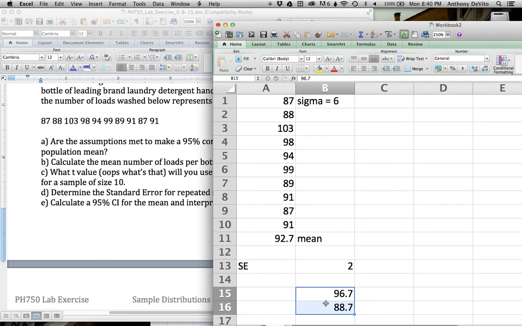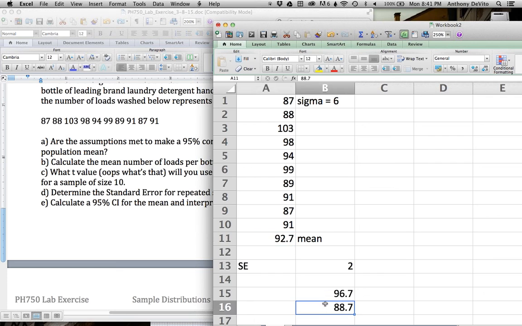We're going to use this to say that although the mean of this particular sample was 92.7, the variability in the population and the sample size suggest that we're 95% sure that the true population mean is between 88.7 and 96.7. Okay? We don't really know anything about 92.7. That just happened to be the result that we got from this one sample, right?